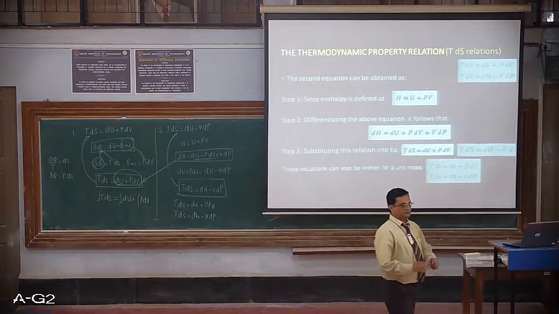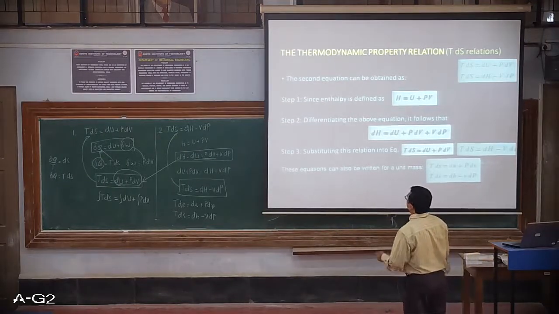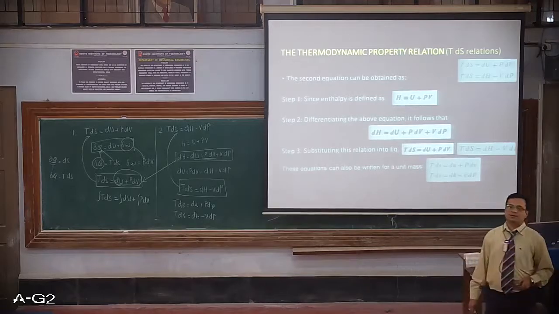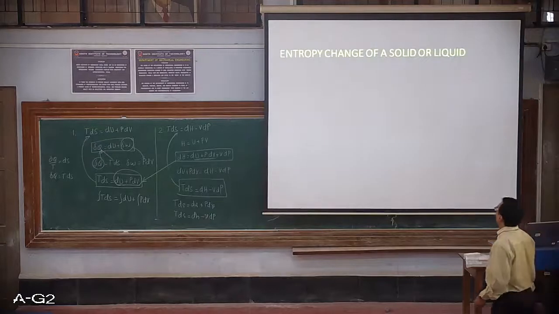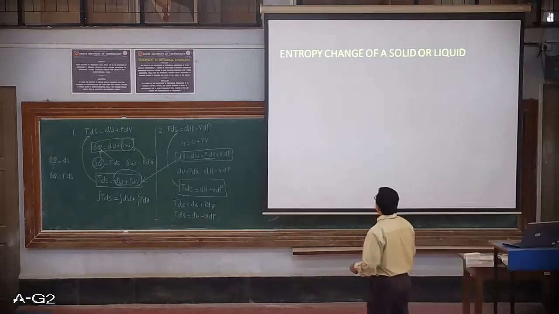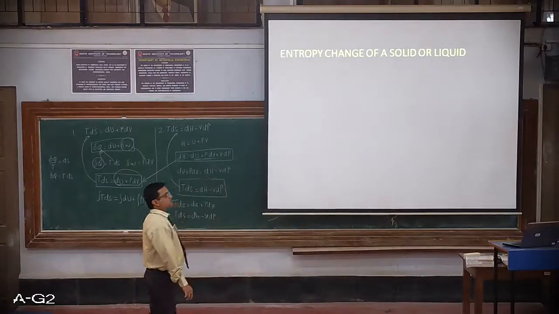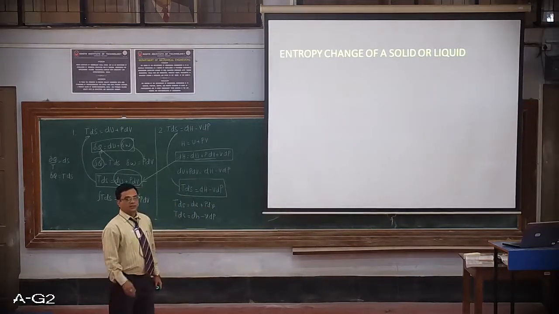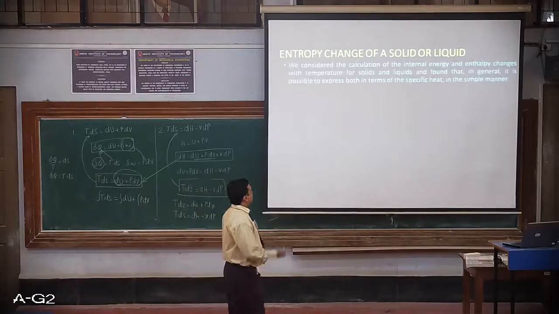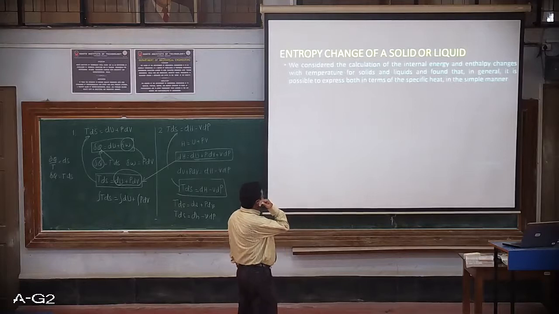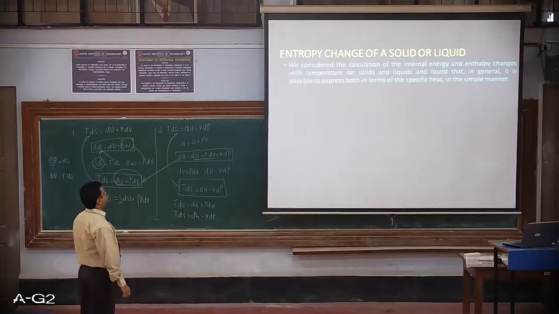So we now have a collection of more properties. We need to deal with these properties and evaluate the entropy change for different substances. Let's check it out. Now let's apply this for solids or liquids. What is the entropy change in solids or liquids? Let's consider the calculation of internal energy and enthalpy changes with temperature for solids and liquids.